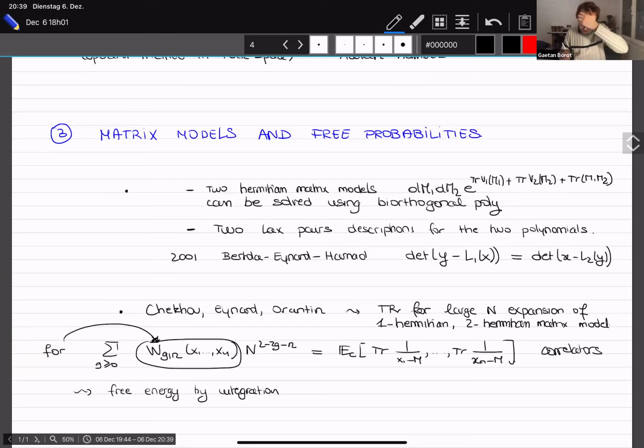But in the two matrix model, you have two matrices and topological recursion for the correlators of each of the matrices. So in fact, you have two ways of getting the free energy.